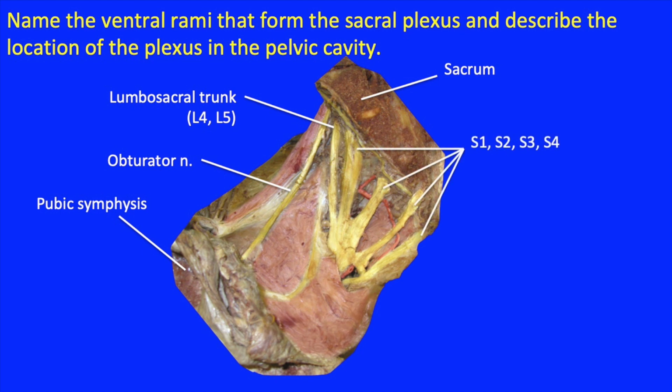And now we finally identify the component to the sacral plexus. The large nerve diving deep through the greater sciatic foramen is the sciatic nerve, comprised of the lumbosacral trunk and S1 to S3 components of the sacral plexus.